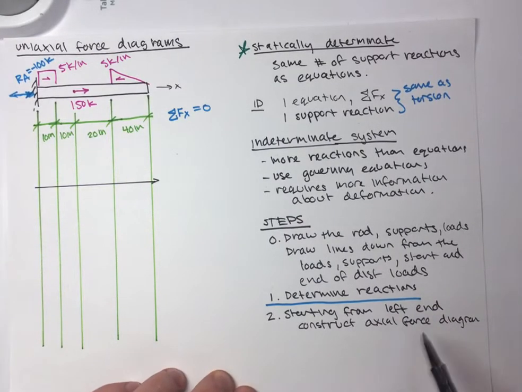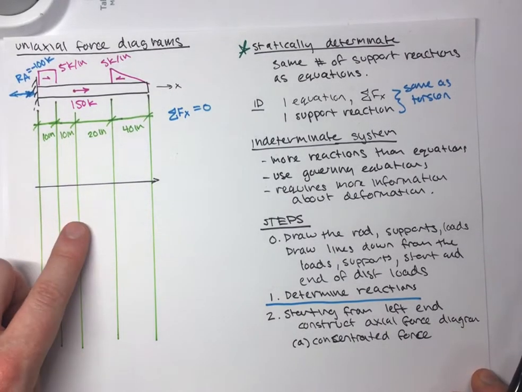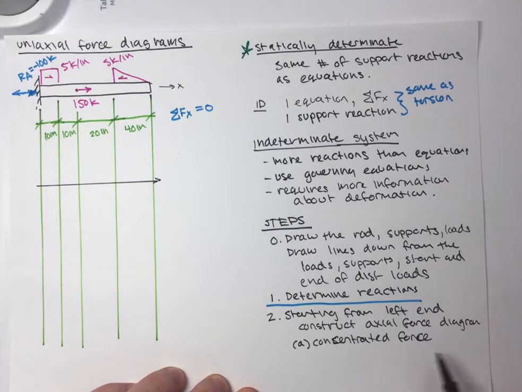And there's a couple of different things we're going to do. So anytime we have a concentrated force, that's a force, so these are going to happen at the lines. And anytime we see a concentrated force at the lines, we're going to shift in the opposite direction.